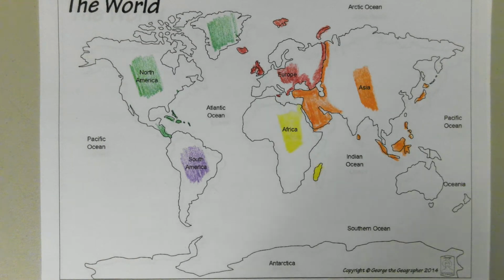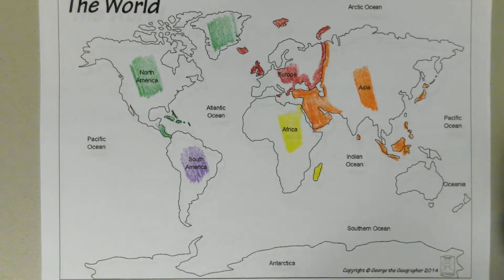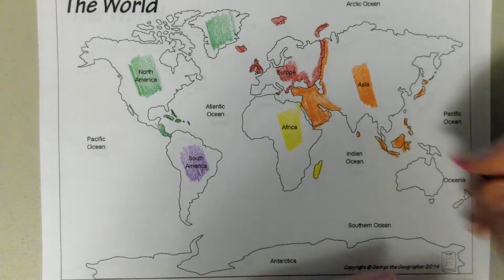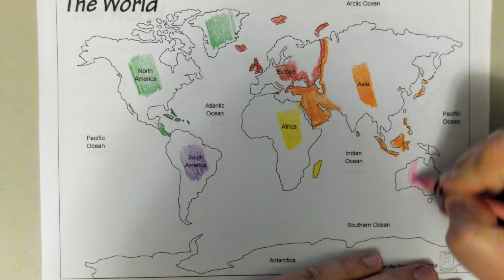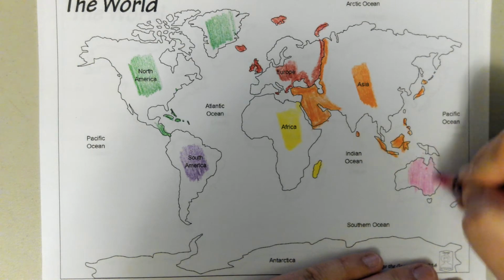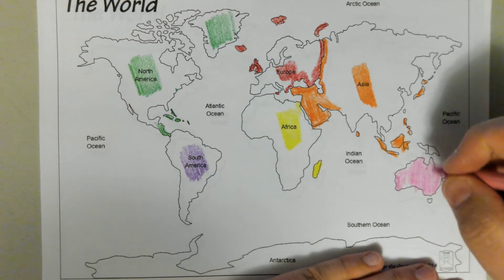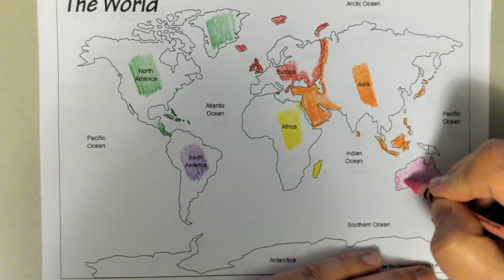The next continent that I'm going to ask you to color is Australia. You can color Australia in pink. Now, Australia is in a part of the world that we also can refer to as Oceania. Oceania is the name that you see on this map.